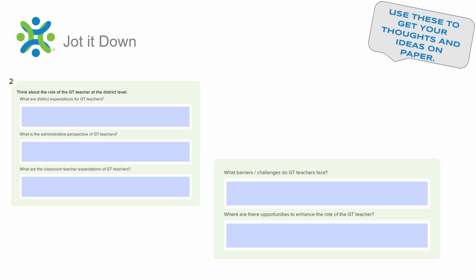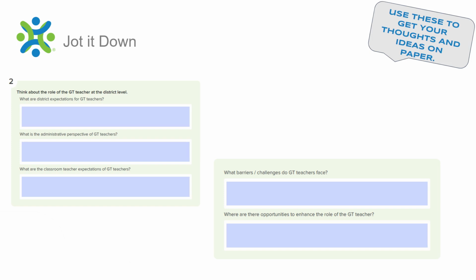Sometimes that means that services are put aside for other tasks that may need to occur. This is a great opportunity to have a conversation about the expertise of the GT teacher and the support role she can play.